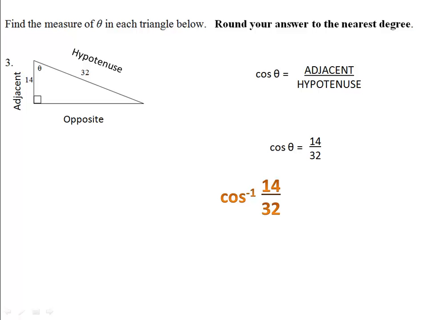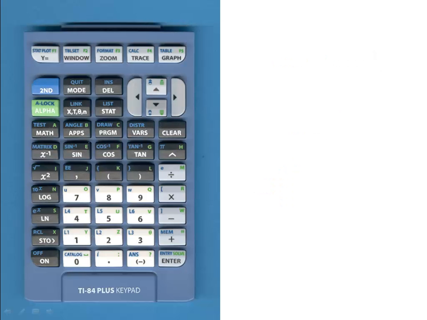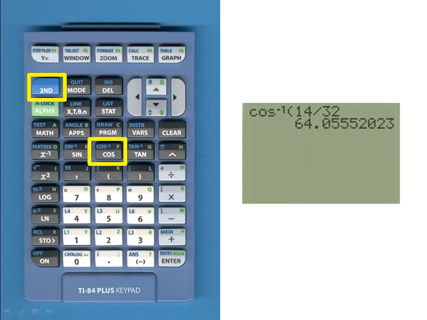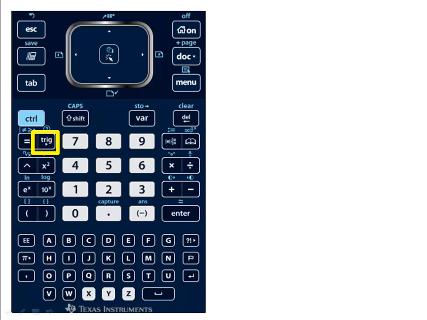How do you put that in? Well, let me show you right now. If you're using the TI-84, you're going to use second cosine. Second cosine, and then put the fraction 14 over 32 in, and it will tell you approximately 64. That's the number of degrees in the measure of the angle. If you're using the Inspire, you hit the trig key.